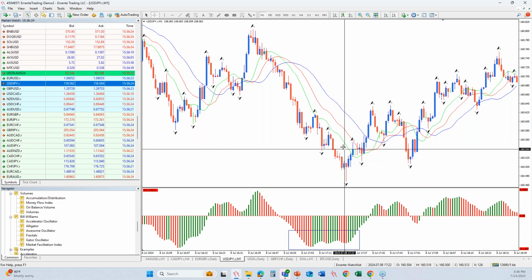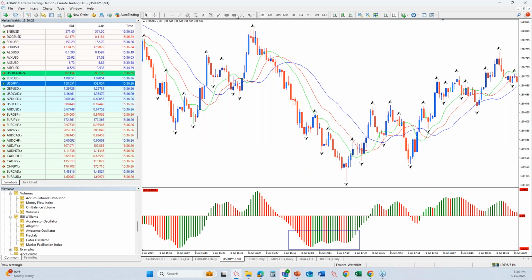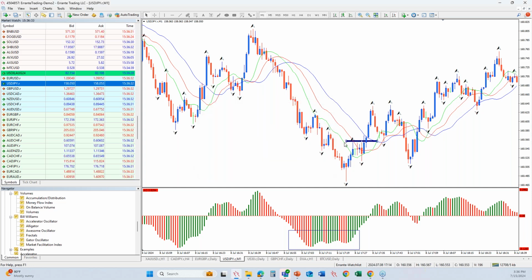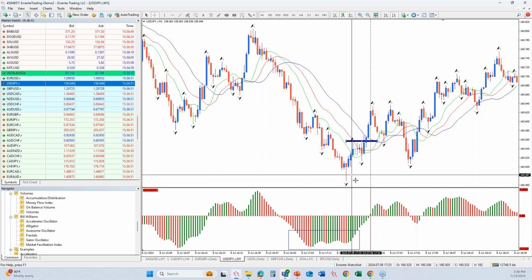And that's a way that if the price breaks above the last top fractal, getting out of the mouth of the alligator, and we have AO crossing above the zero line, it can be a buy signal.